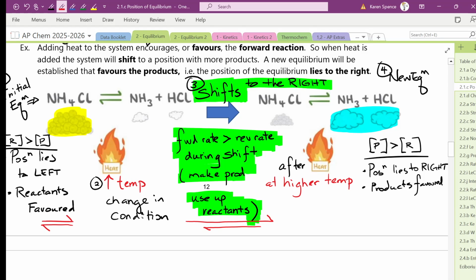They're both higher than before, right? Our increase in temperature sped up both rates. And then when we are finished, both rates will be bigger than they were before. So everything's faster, but now they're equal again. Does that make sense? Cool.